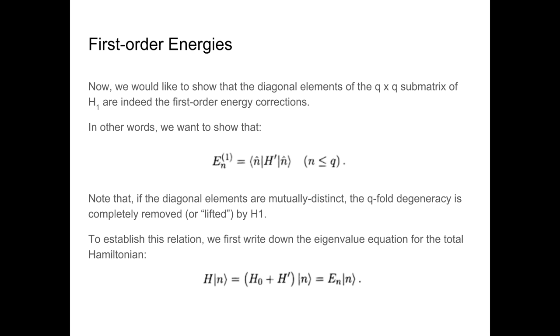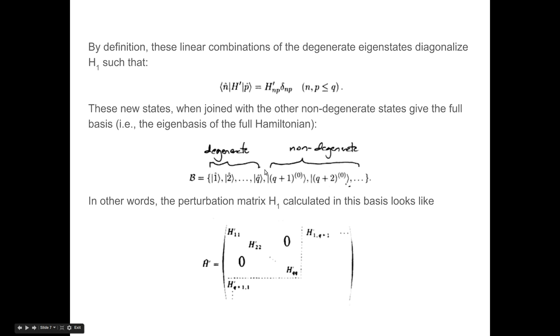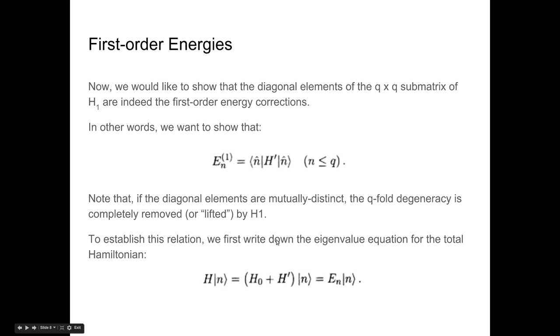All right, so now what we would like to show is that the diagonal elements of the submatrix are those first order energy corrections. In other words, they're the terms that you add on to the unperturbed energy eigenvalue to get the full spectrum. So what we want to show is that these first order energy shifts are indeed these diagonal matrix elements of this diagonal submatrix, these guys right here.